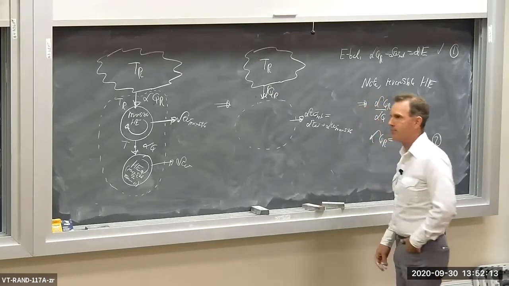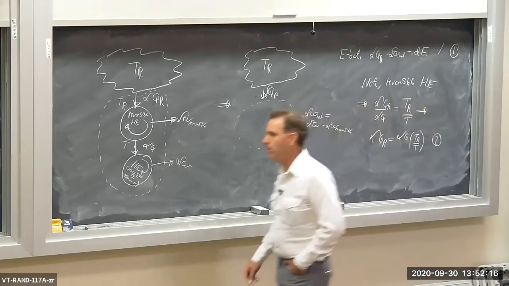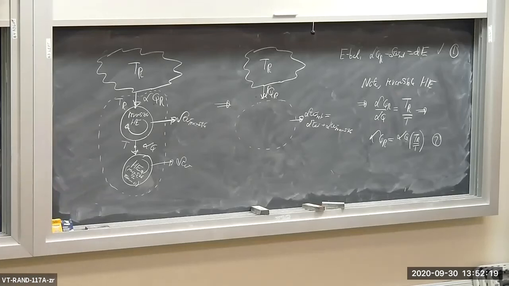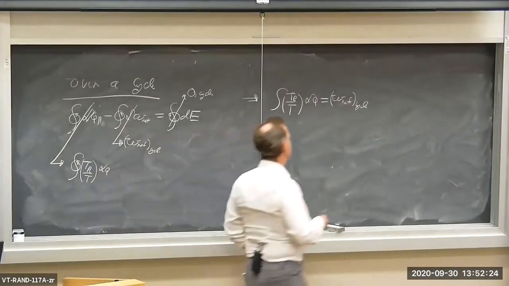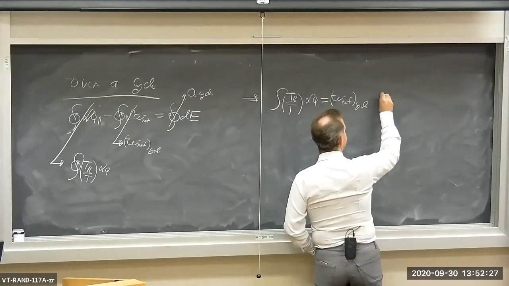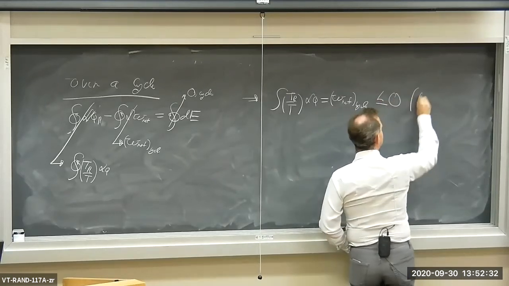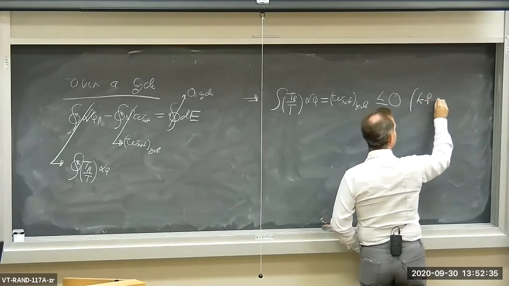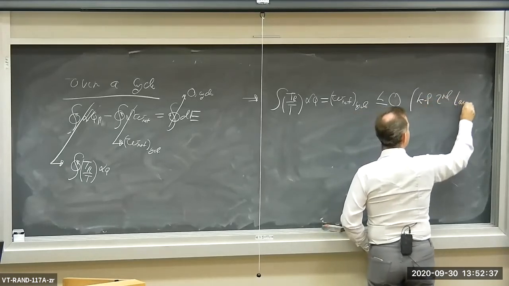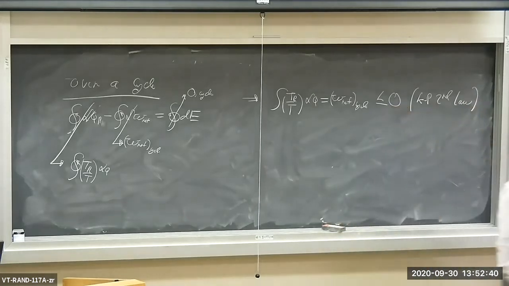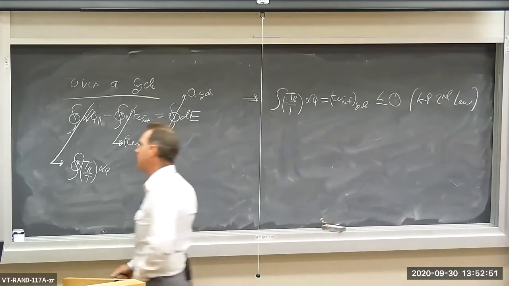So W net over the cycle cannot be positive. It cannot produce work. W net cycle can either be 0 or negative. The device can either do nothing or receive work: you can do work on it and it produces the equivalent amount of heat.